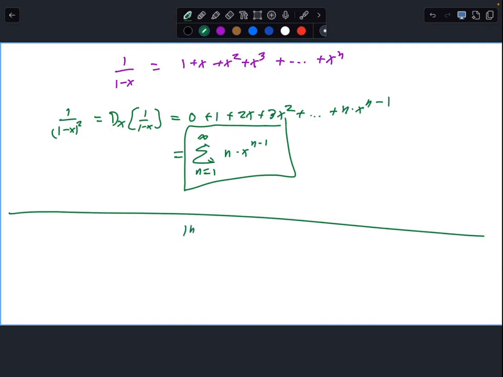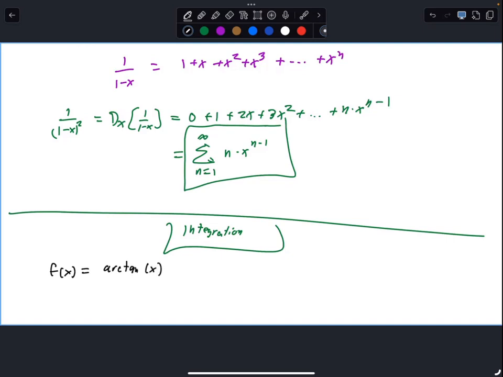Integration. Let's say we wanted to do f of x equals arctan of x.